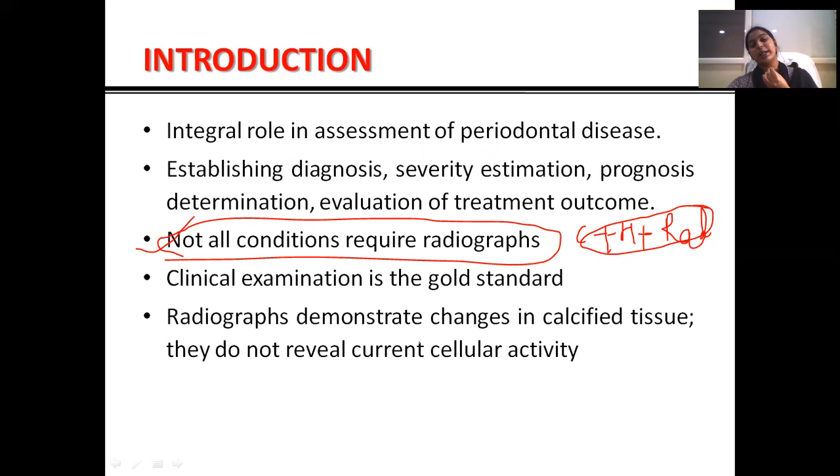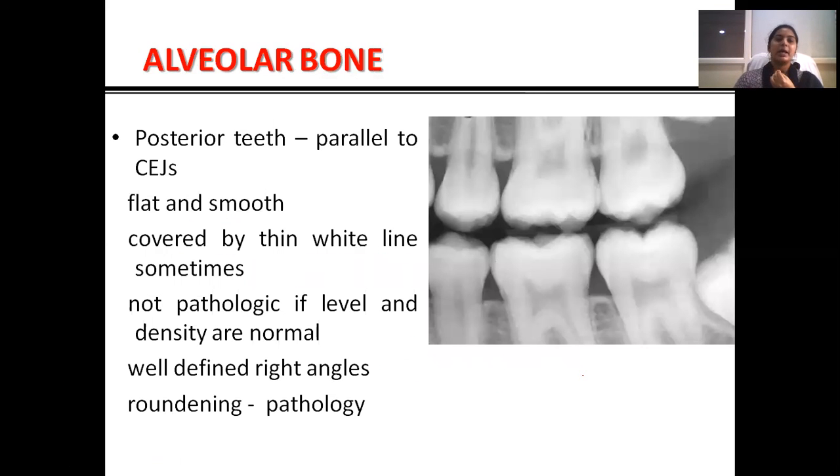Radiographs always provide information about the destruction that has taken place in the past. They only help us know about the past cellular activity, but they do not reveal the current cellular activity.